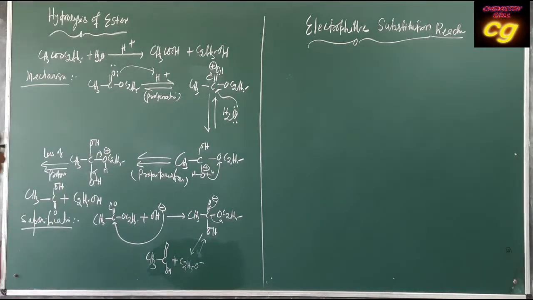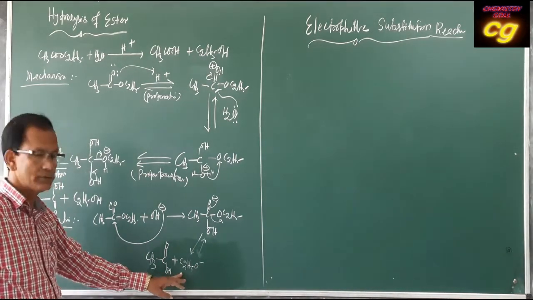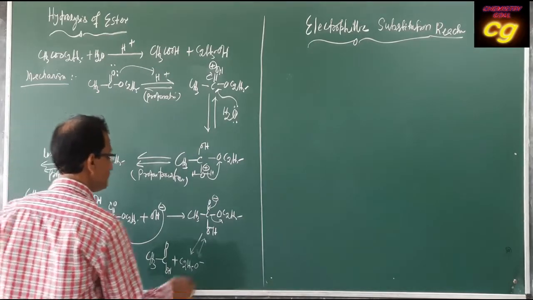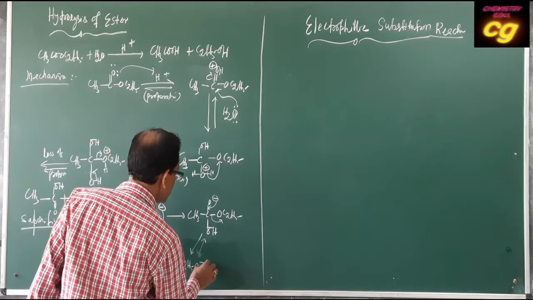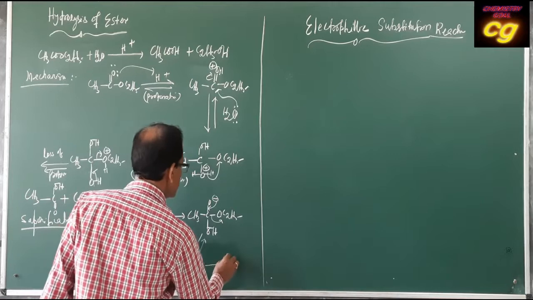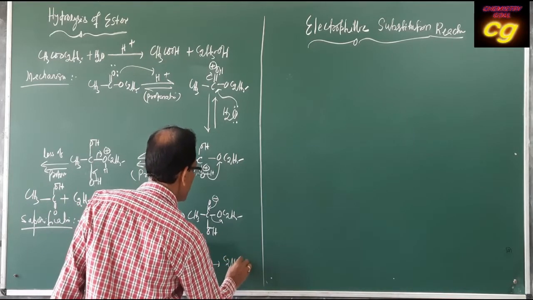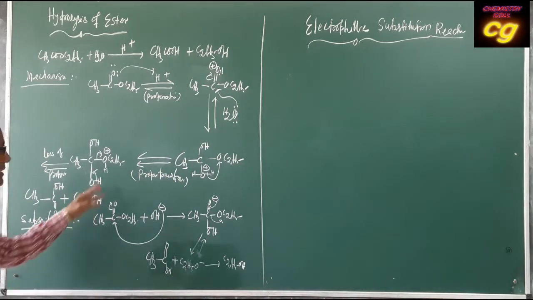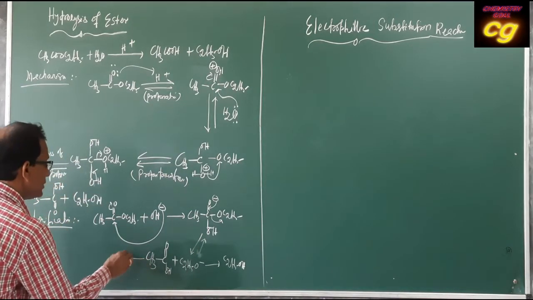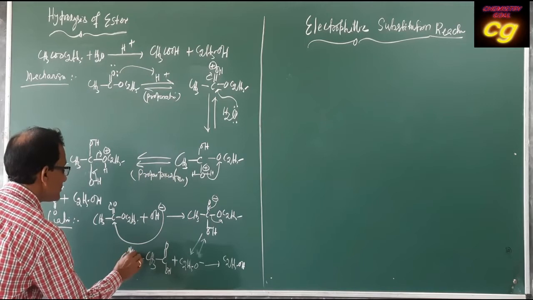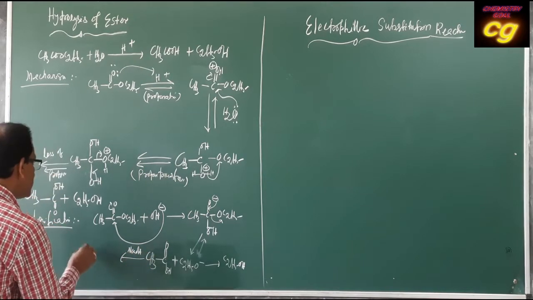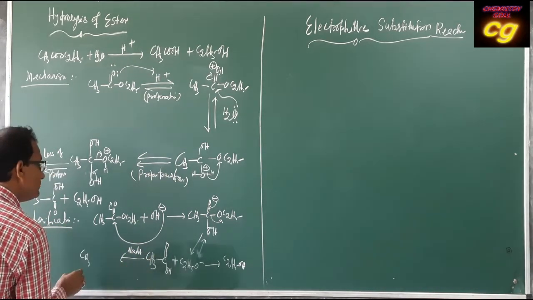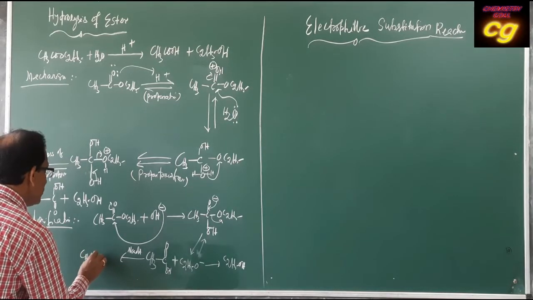Then this one, in presence of water, will be converted to C2H5OH, and as we have taken base, this acid in presence of NaOH converts to salt, CH3COONa.